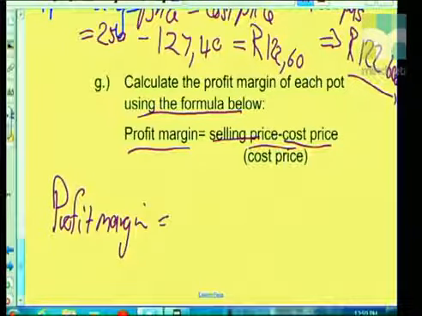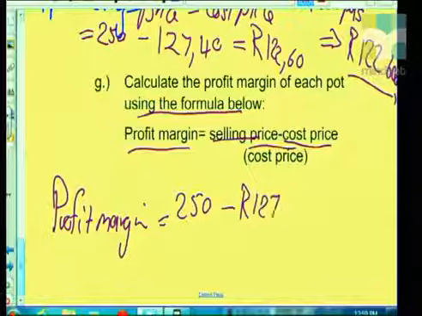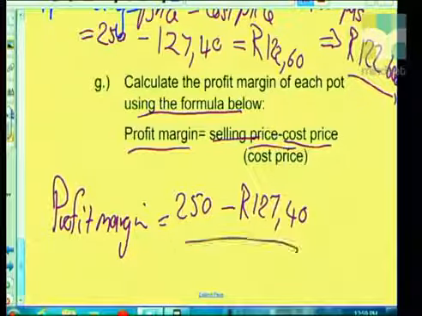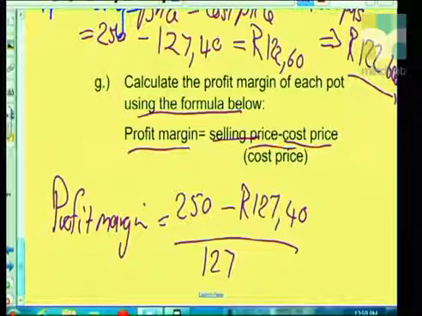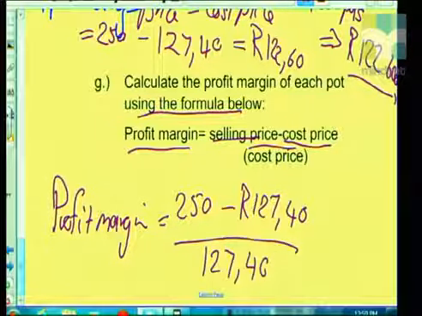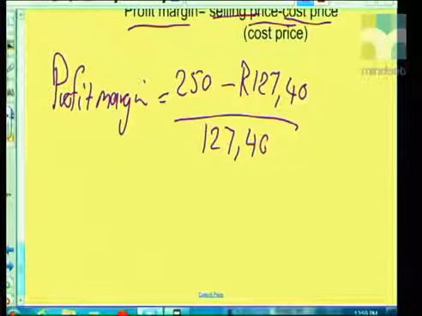We're going to say the selling price was 250 minus the 127.40, divided by the cost price, which was 127.40. So this is known as the profit margin. Let's work out what it is.